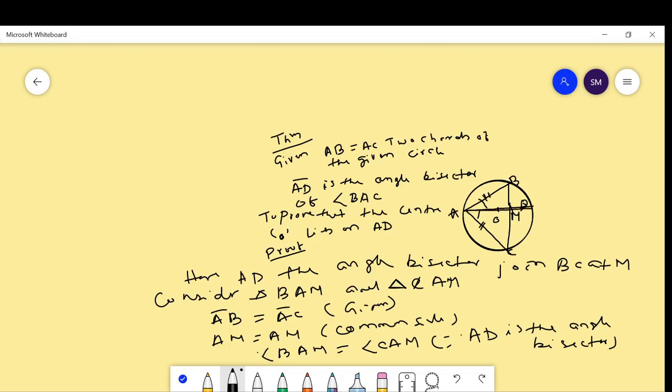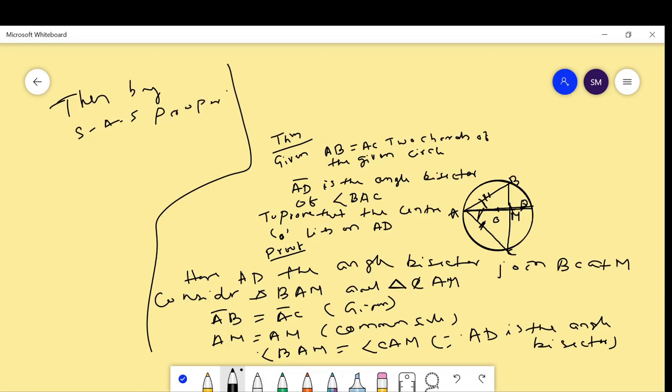This side is equal to this side, this is the common side, and this angle is equal to this angle. Then by the SAS property, side angle side, triangle BAM is congruent with triangle CAM.